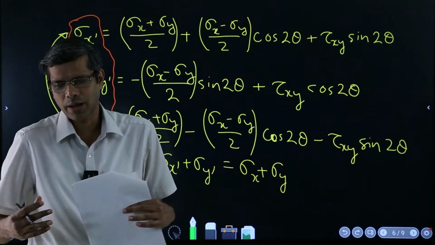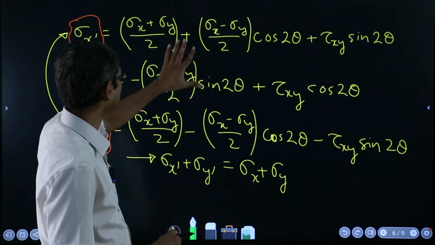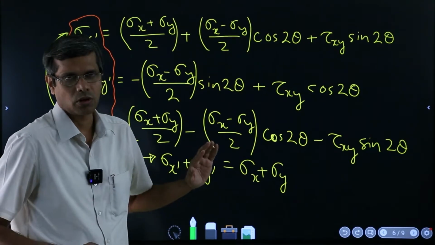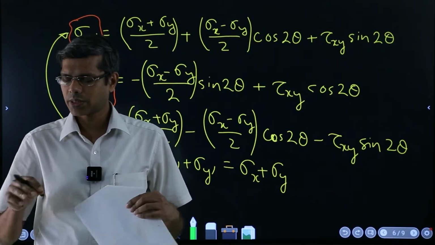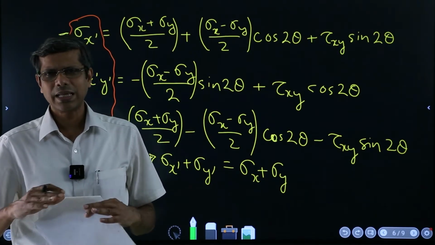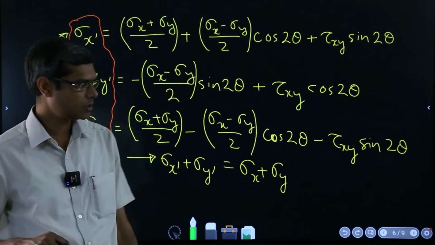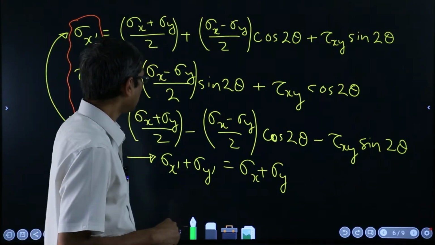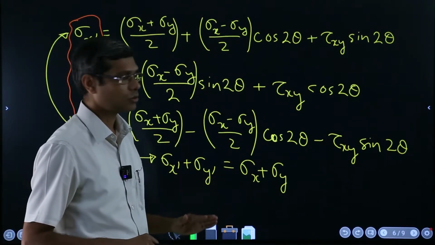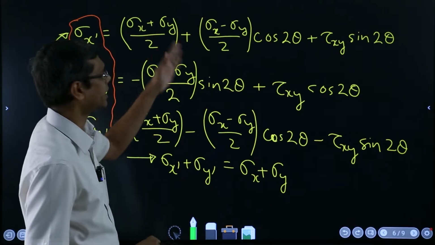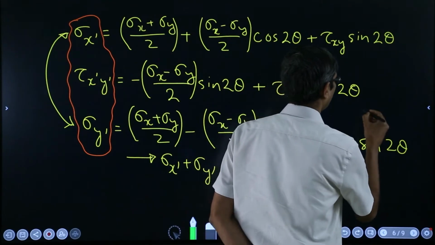I am saying measured because it will give you a feeling of where we are getting these from, but not necessarily that you have measured it. Suppose you have measured sigma x, sigma y and tau xy in some specific direction by putting strain gauge rosettes. With respect to that, that axis is now called our xy axis.